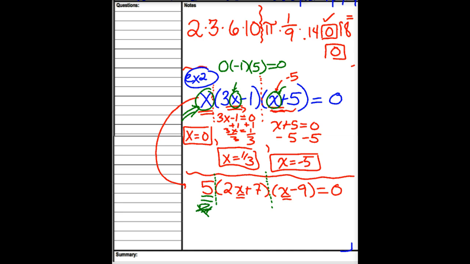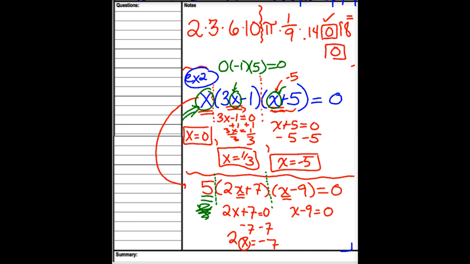All right? The only thing that can happen here is that 2x plus 7 could equal 0. Or x minus 9 could equal 0. But there's no planet in the universe where 5 can equal 0. That's ridiculous, and so don't write it down. So I'm going to do the opposite operation, and I'm going to get 2x is equal to -7.